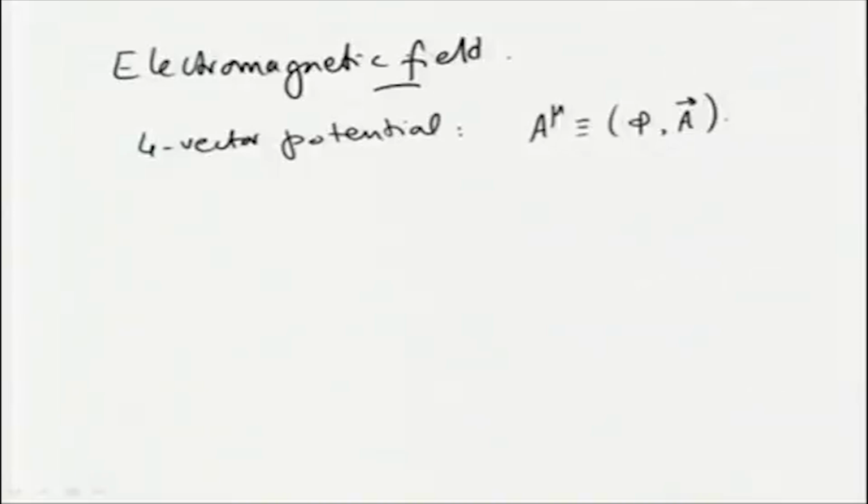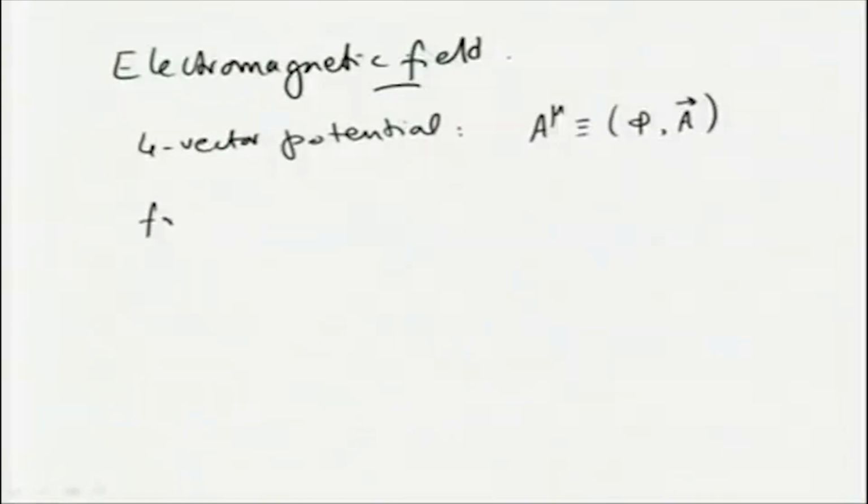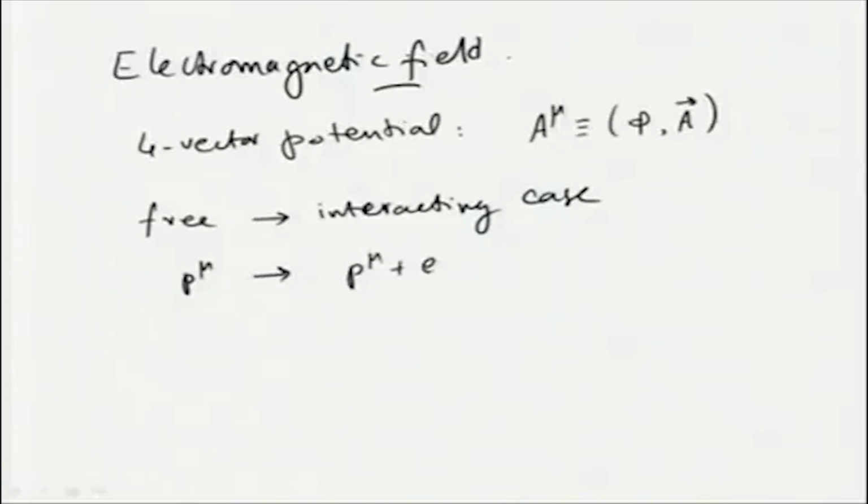And if you look at standard textbooks of electrodynamics, which also include relativistic classical electrodynamics, you will see that if you have a charged particle with momentum p, and you want to introduce the electromagnetic interaction of this particle with some electromagnetic field represented by A mu, then you can take the free case and go to the interacting case by taking the 4-momentum p mu to p mu plus e, the charge of the particle, times the potential A mu.